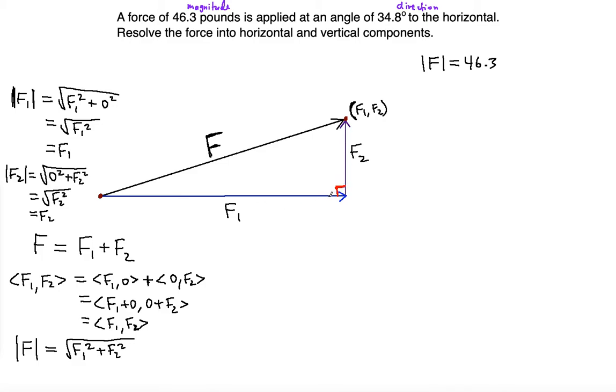Perpendicular relationships. Now also, when it comes to direction, there's an angle theta, which is 34.8 degrees. That tells you where this arrowhead is going to go, where this vector will go, right? Because the higher the angle, the different the direction will be for this force vector. So the magnitude is 46.3, and we have to find the individual vectors, okay?